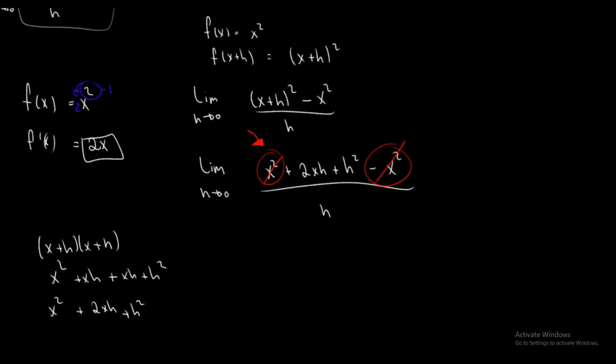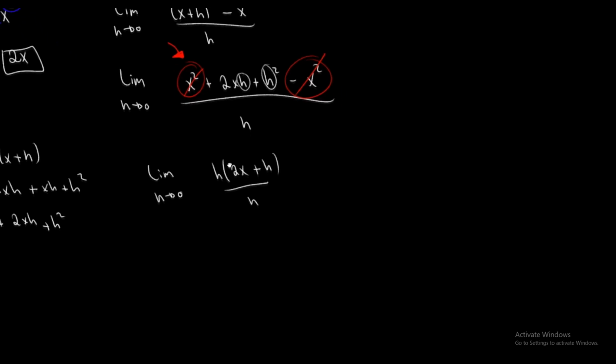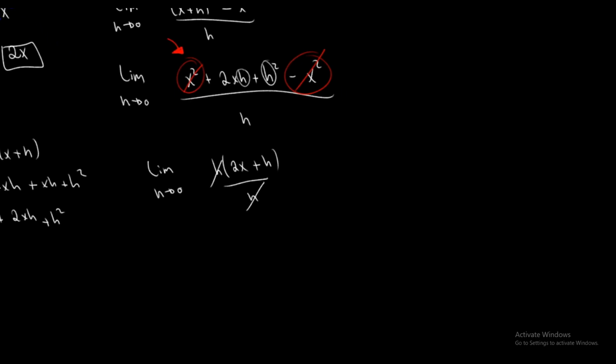So I can now rewrite the limit as h approaches 0. I'm going to factor now. I'm going to factor out an h, and we have h times 2x plus h over h. Now I can simplify. h cancels with h, and after it's in its simplest form, I will directly substitute my 0.